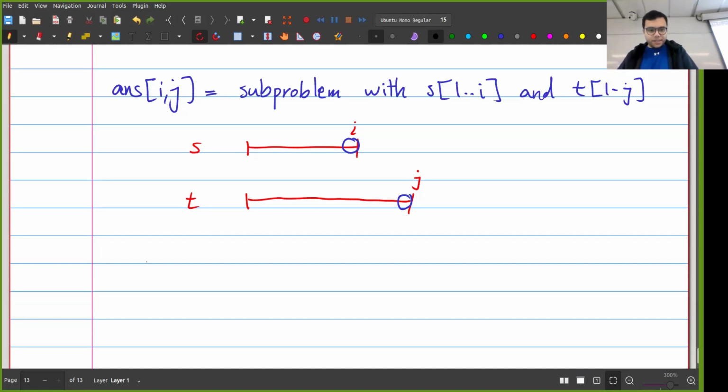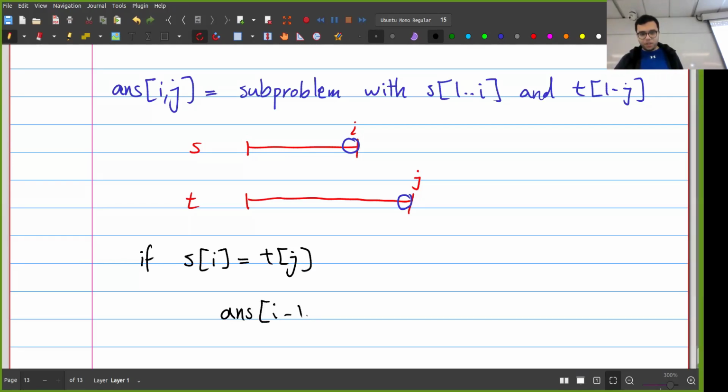So the first case is that if Si is equal to Tj, then I can just take the answer for the first I minus 1 letters of S and the first J minus 1 letters of T. What if they don't match?